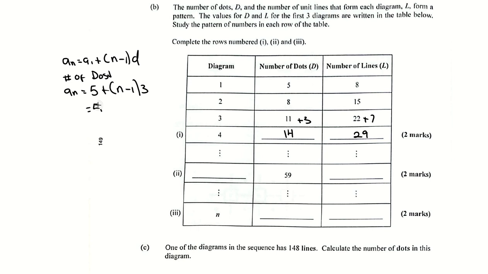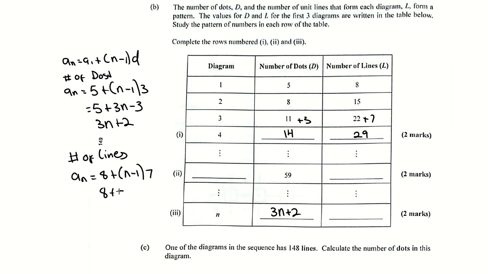Open it out: 5 plus 3n minus 3 is 3n plus 2. Then for the number of lines, a_n equals your first number, 8, plus n minus 1 times a common difference of 7. That's 8 plus 7n minus 7, which is 7n plus 1.